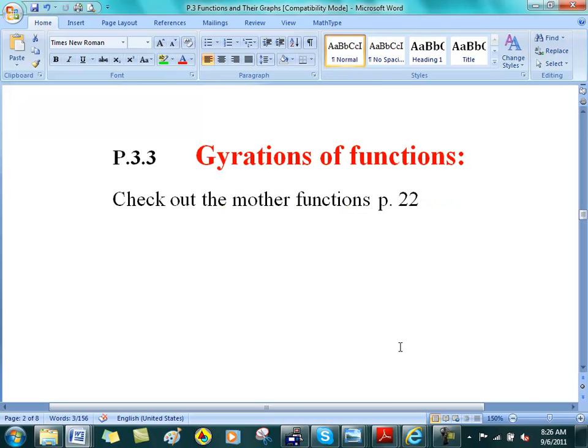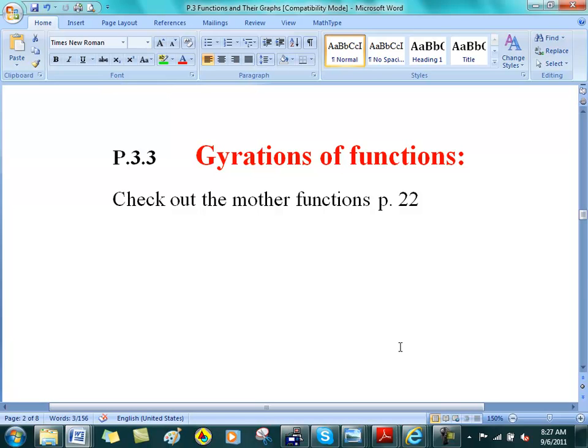Gyrations. Okay, you guys know the mothers, right? You remember the mothers from last year? The mothers have been reproduced on page 22. In calculus, they've extended the list of mothers. I think what we did in pre-calc was just y equals x, x squared, x cubed, square root of x, absolute value.